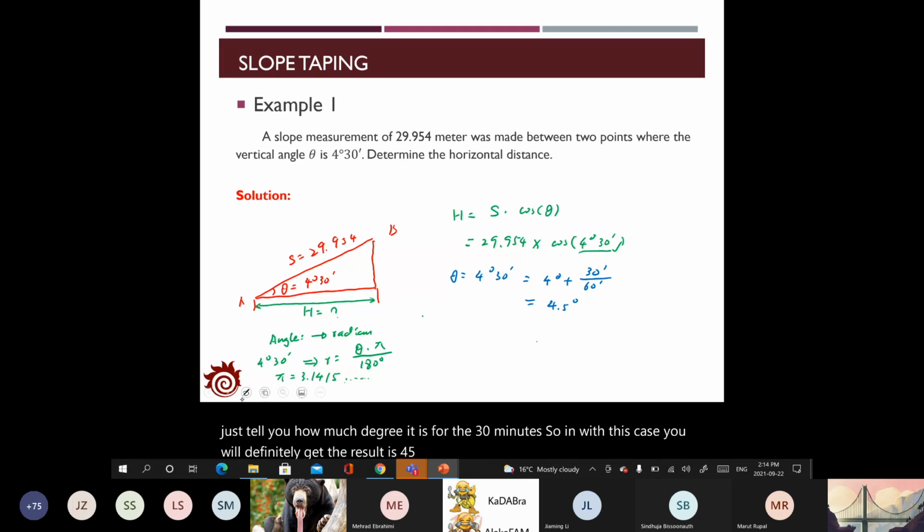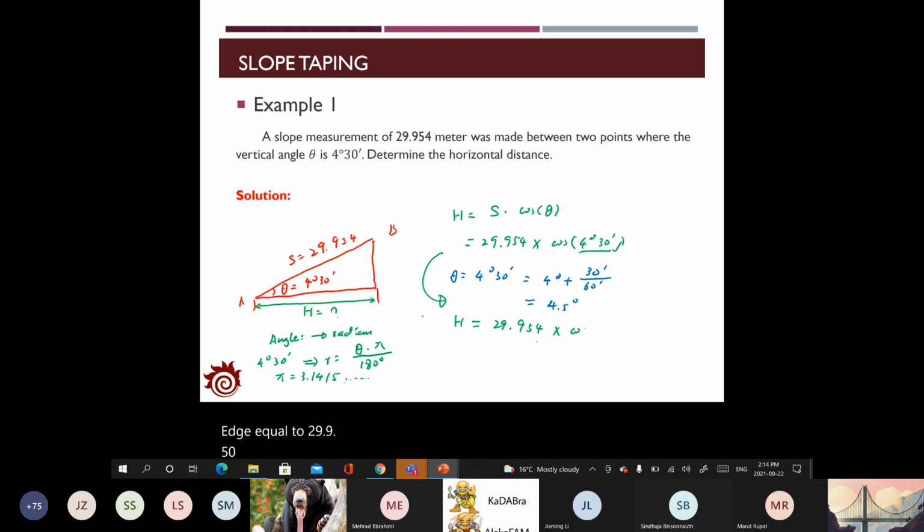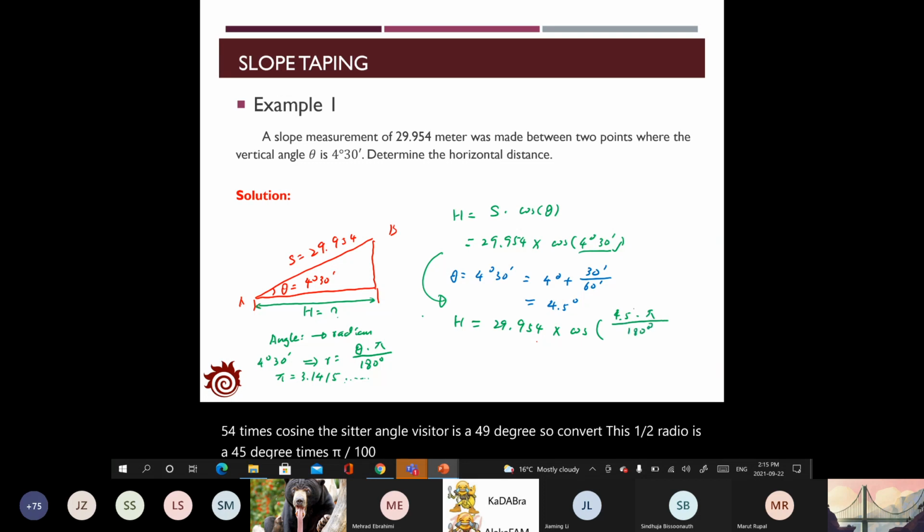So what we get is H equal to 29.954 times cosine theta, where the angle theta is 4.5 degrees. Converting this to radians is 4.5 degrees times pi divided by 180 degrees.